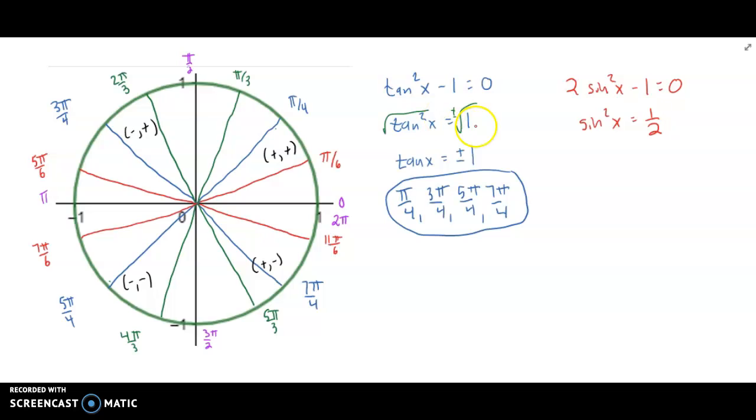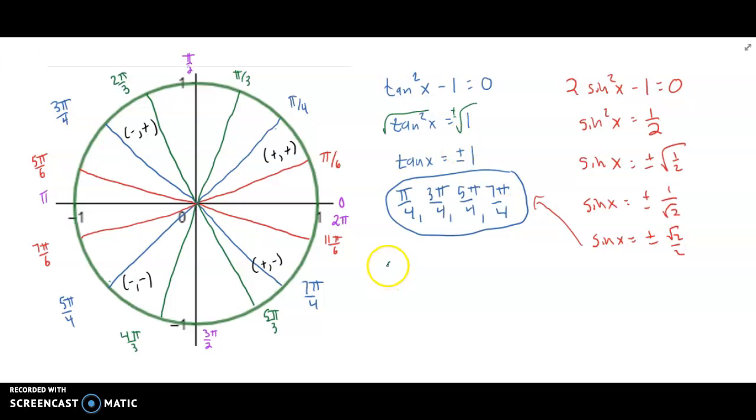So when I take the plus or minus square root of both sides, I'm going to have the sine of x equals plus or minus the square root of 1/2, which means the sine of x is equal to plus or minus 1 over the square root of 2. Sine of x equals plus or minus, let's rationalize it, square root of 2 over 2. Turns out that my answers to this equation are going to be exactly the same as the previous one. I'm going to look at the pi over 4s because that's where I have square root of 2 over 2, and it ends up being all of them. So my solution is exactly the same as the one I just did for tangent.